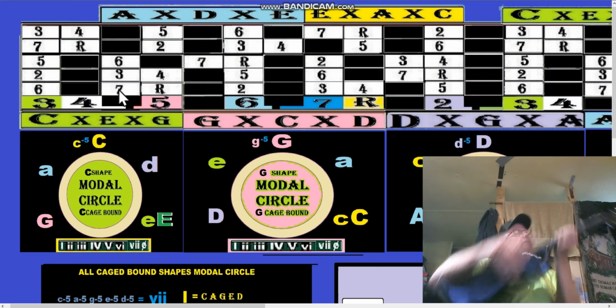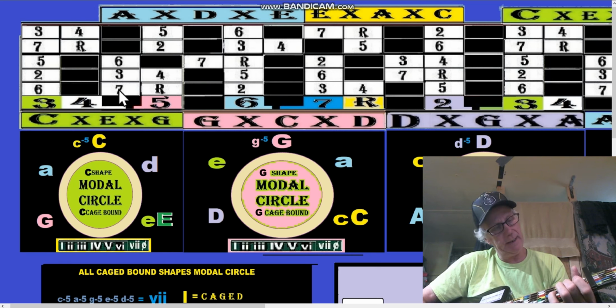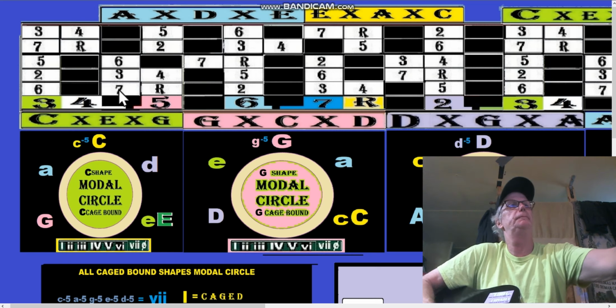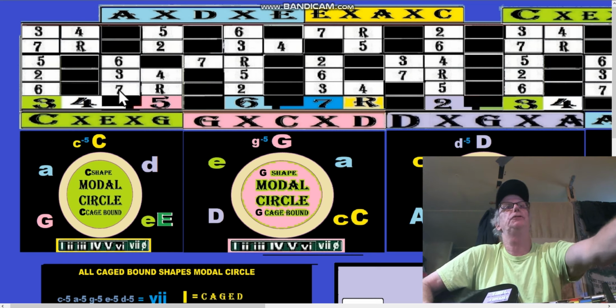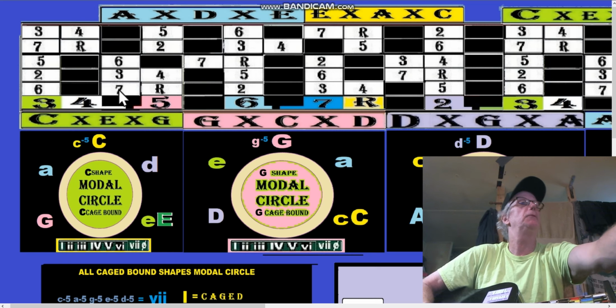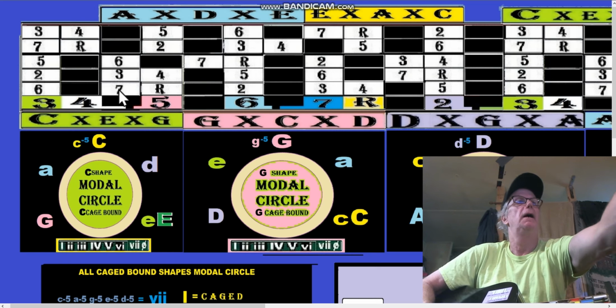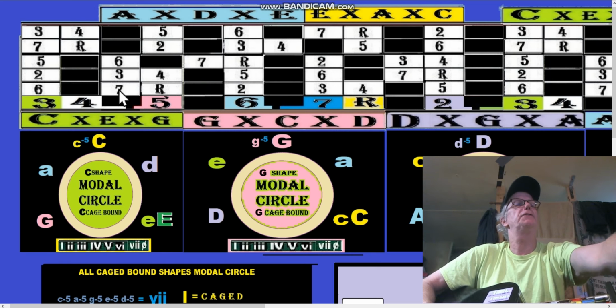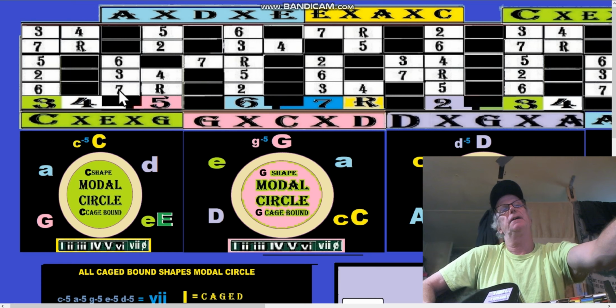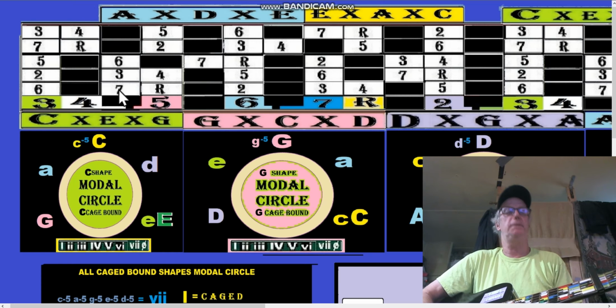In your E minor, 7, B, E, G. 2nd inversion, and then just bring it up one scale tone chord each, not chromatically. It's one scale tone chord each. B goes to C, E goes to F, G goes to A. And that will be an E major shaped.